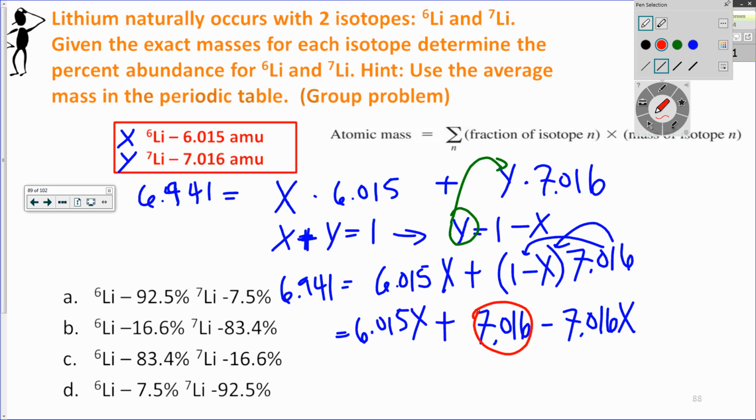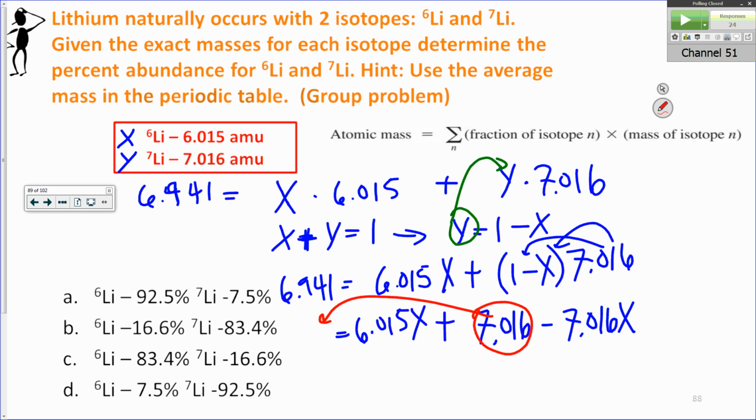I've got to get X's on one side, numbers on the other. So I'm going to take the 7.016 and put it on this side. I take the 6.941 and subtract the 7.016 from it. 6.941 less 7.016, and on the left hand side I've got negative 0.075.